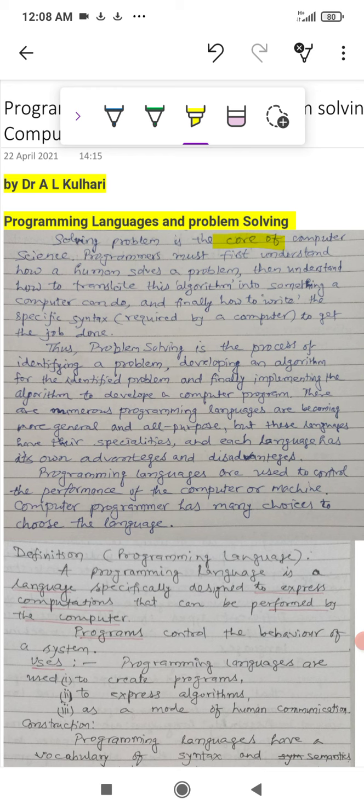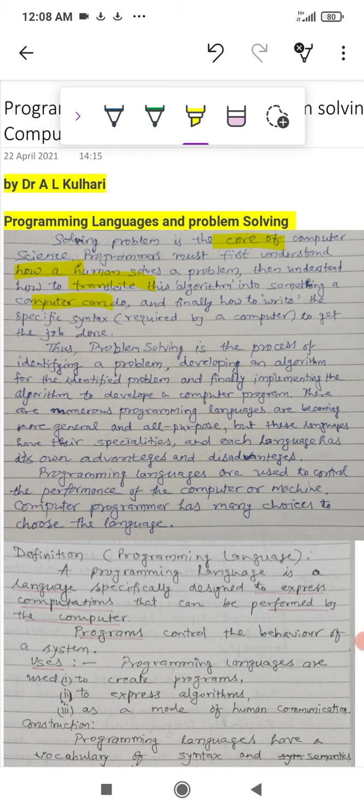Programming must first understand how a human solves a problem, then understand how to translate this algorithm into something a computer can do.